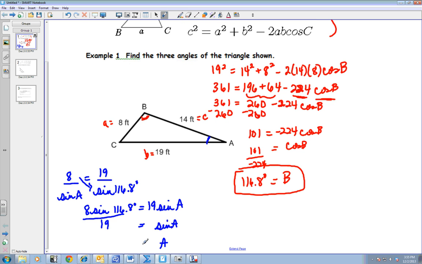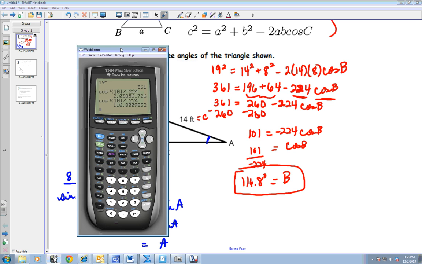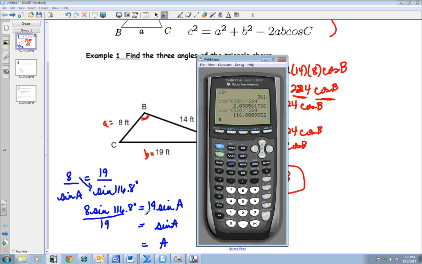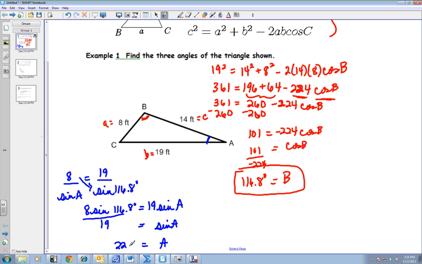So angle A equals, and again, when I put this in my calculator, I'm going to hit second sine because I'm looking for an angle. Second sine, I'm going to use my fraction key. I have 8 times the sine of 116.8 over 19. So angle A is 22.1. We'll round to the nearest tenth.